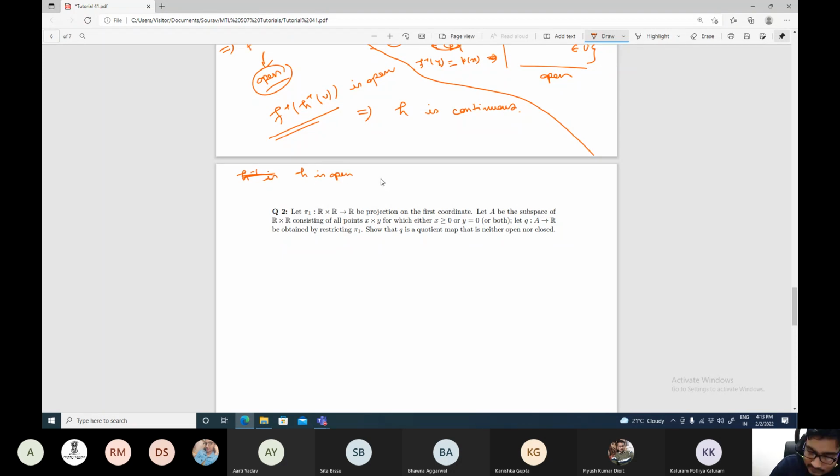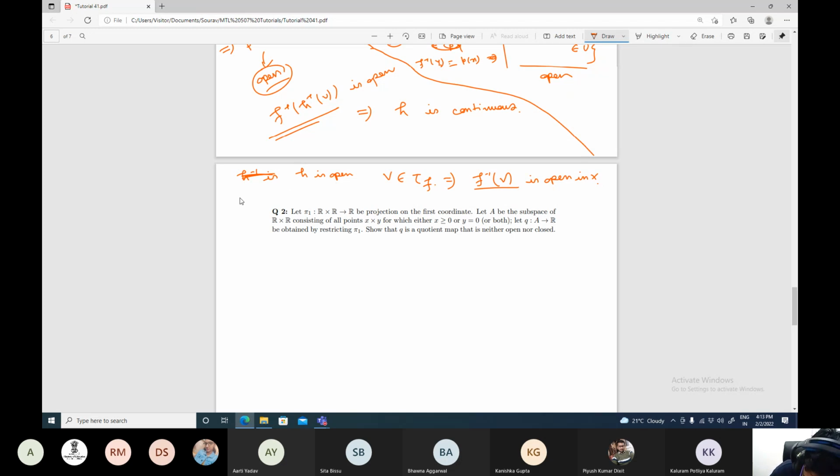We take an open set, say V belongs to tau f. So V belongs to tau f means this F inverse of V is open in X, right? This F inverse V is open in X, right?